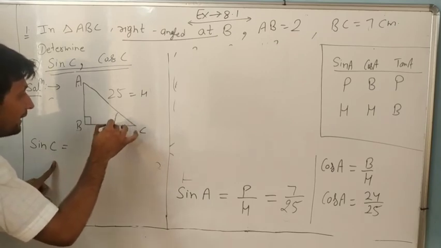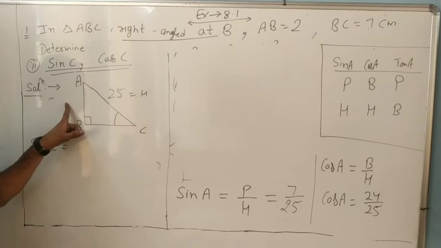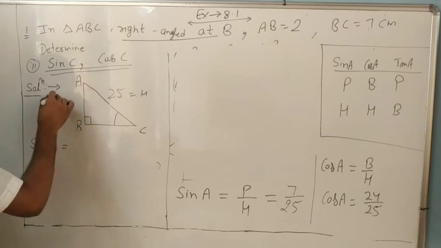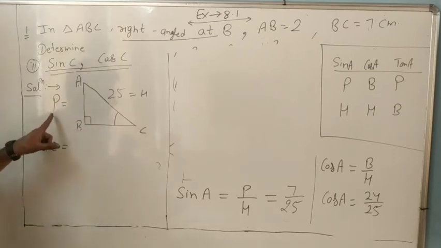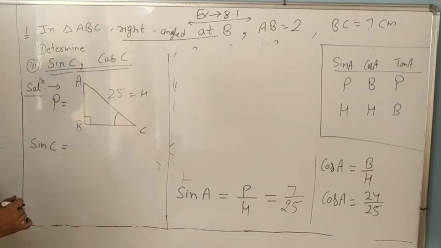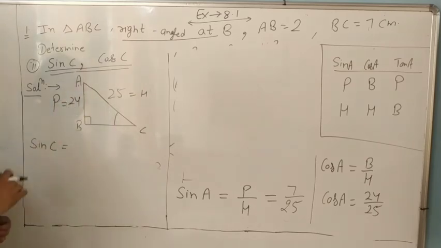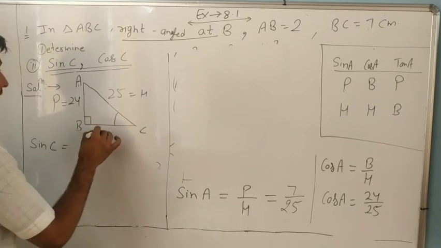If the angle is C, the opposite of the angle is always the perpendicular. Now it is the perpendicular, but in the first part it was the base. So what does it come to? AB is how much? AB is 7 or 24? 24 is given, and it is the base.